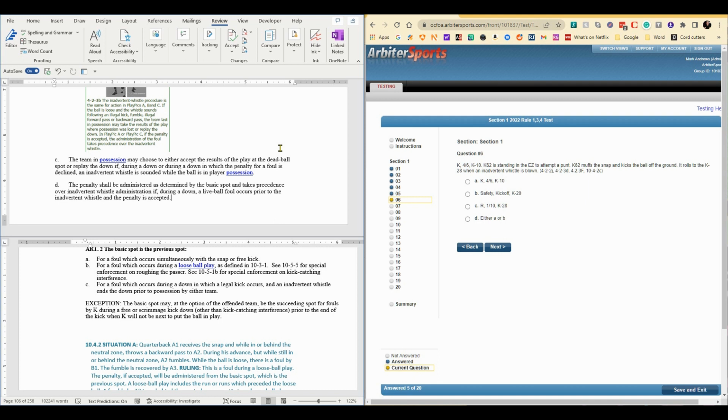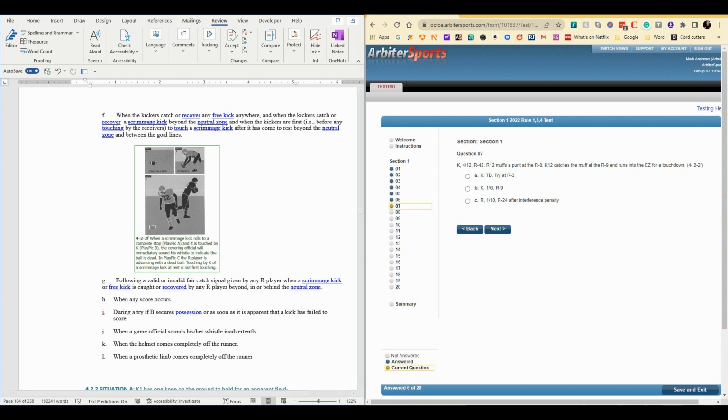And that's why I kind of don't like this, because I'd rather you not come away thinking that it doesn't matter that the ball was kicked. It does, if it's legally kicked. So, if R accepts the penalty, we'll have a safety. And if they decline, then we'll replay the down. So the answer is D, either A or B.